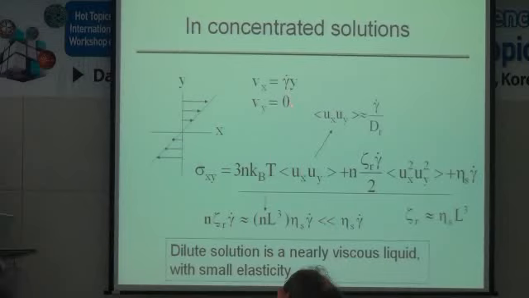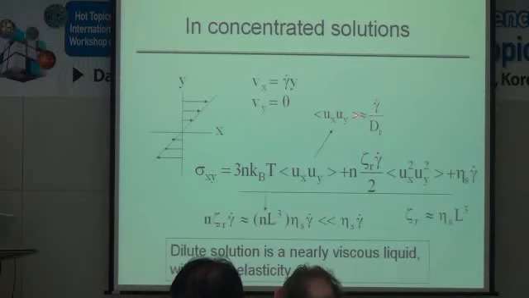For the weak flow, this perturbation calculation indicates that the ux uy component is proportional to gamma dot: the applied shear rate divided by the rotational diffusion constant gives you this xy component of the orientational order parameter.